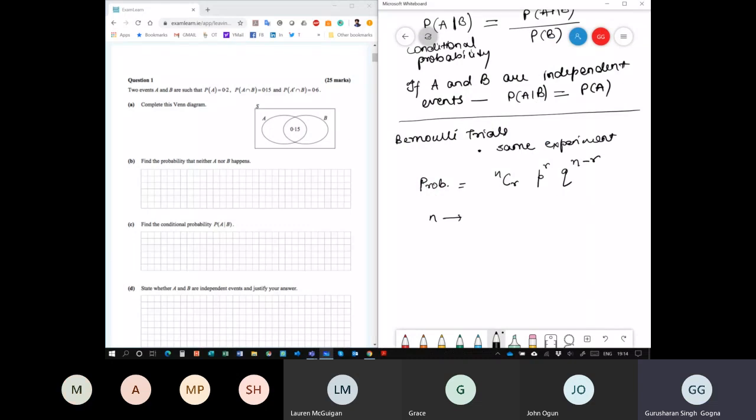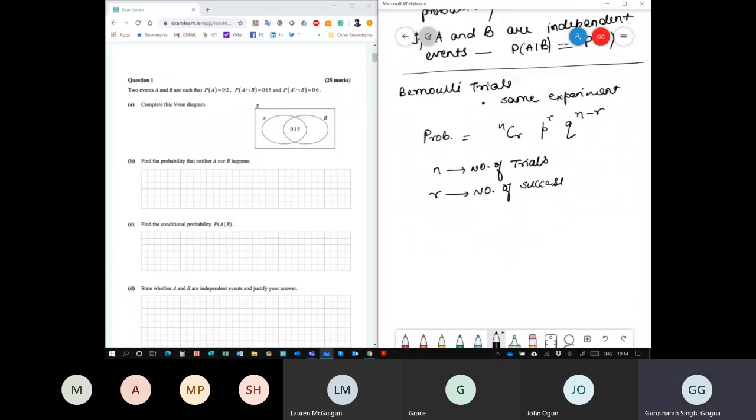where n represents the number of trials and r represents the number of successes. Okay. So let's say you flipped a coin 100 times, and you want 30 heads.